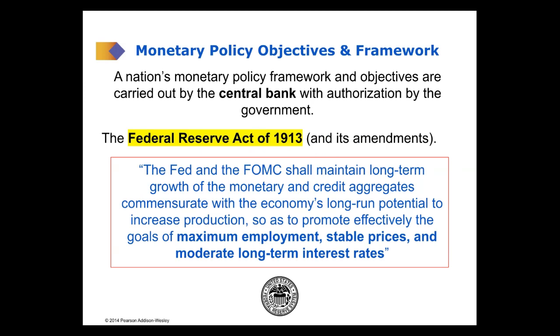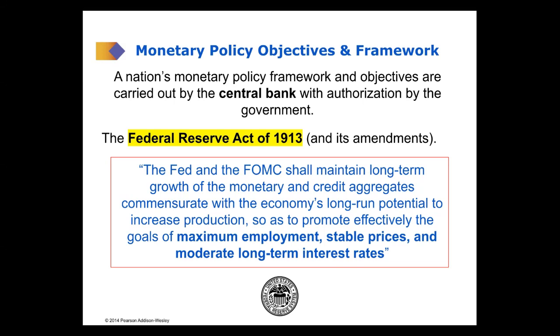So the monetary policy framework was set out with the establishment of the Federal Reserve Bank in 1913. The Federal Reserve Act of 1913 created the Federal Reserve Bank and the goals for the Open Market Committee.